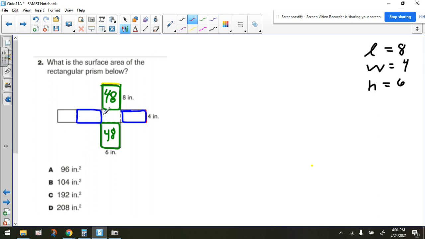And this piece is going to be the same thing as this piece. Now, we know that this piece is 6, right? It's 6 going this way, and it's 4 going this way, because if this is 4, this is 4. If this is 6, this is 6. 4 times 6 is 24. Which means this is going to be 24.